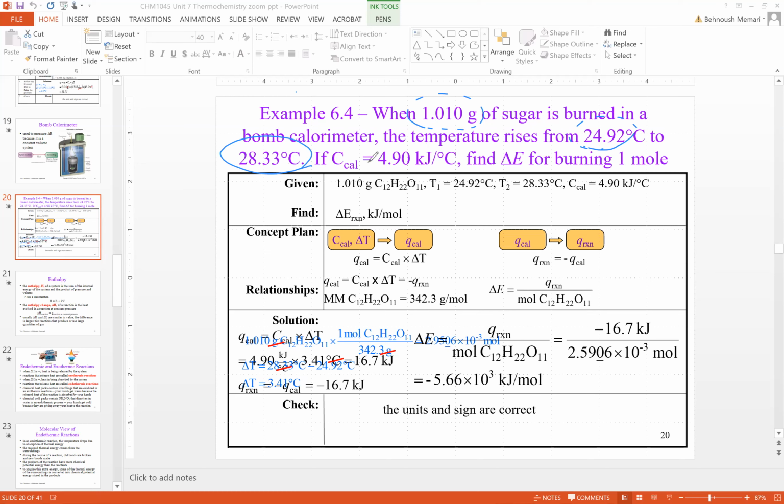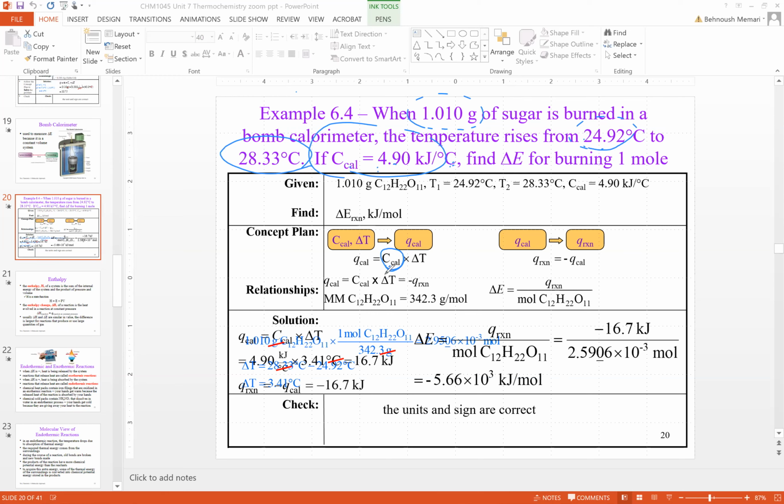And the heat capacity is given for the calorimeter. The heat capacity means the amount of energy needed to increase the temperature by 1 degree Celsius. So if it's changed by 10 degrees, it would be 10 times this value. If it's changed by 15 degrees, you have to multiply by the change in temperature. So in this case, remember, if the heat capacity is given, there is no mass involved. You don't have to use the mass.